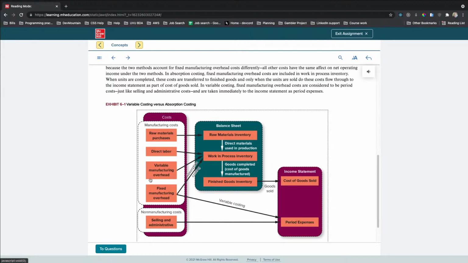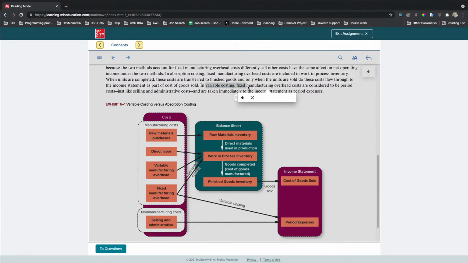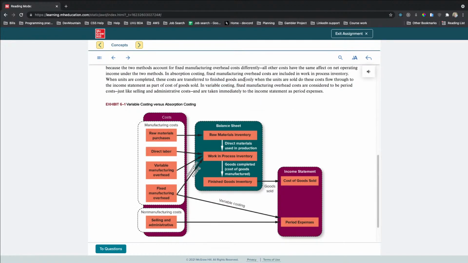So that flow looks like this. Yeah, here and then there. In variable costing, fixed manufacturing overhead costs are considered to be period costs. So again, our MOH is split into two here. You have to differentiate between a variable manufacturing overhead and a fixed. And then the fixed go here, and then the variable go to work in process.